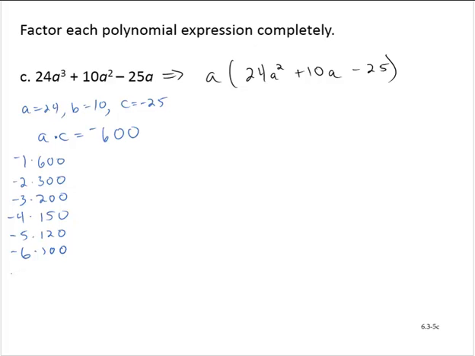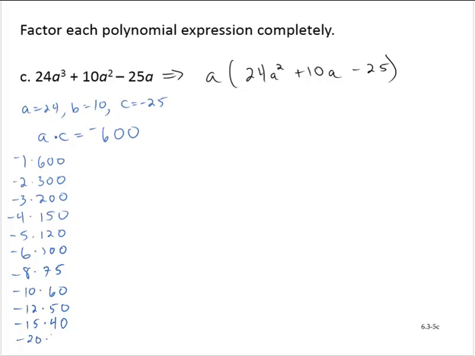7 doesn't work. 8 and 75. 9 doesn't work. 10 and 60. 12 and 50. 13 won't work. 14 won't work. 15, negative 15 and 40. 16 won't work. 17, 18, 19, and 20.